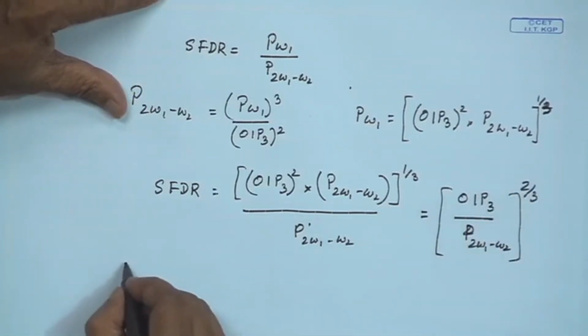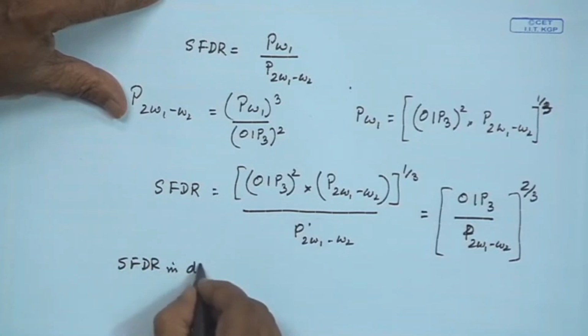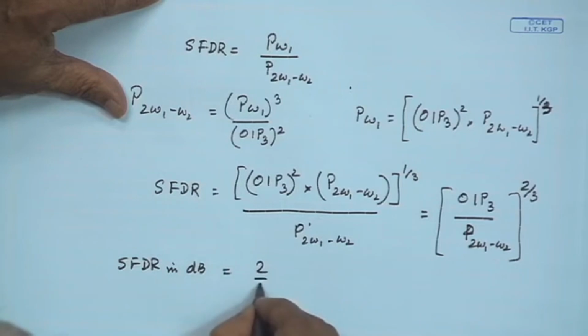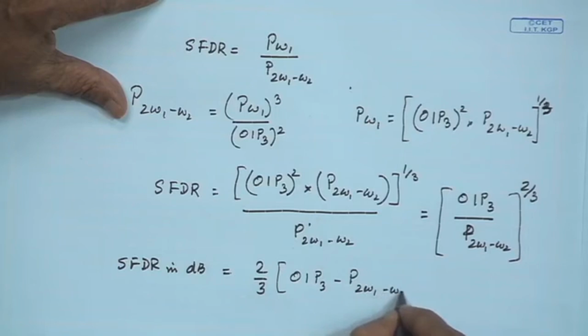So, in dB, SFDR you can write as 2/3 of OIP3 minus P(2ω1 minus ω2).